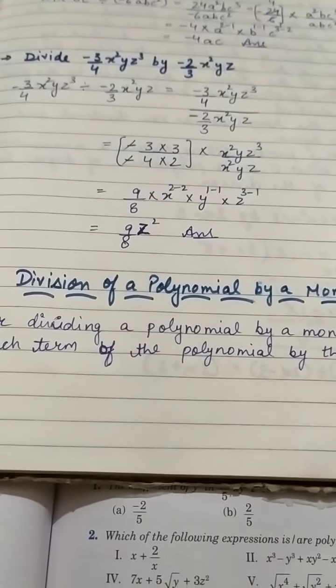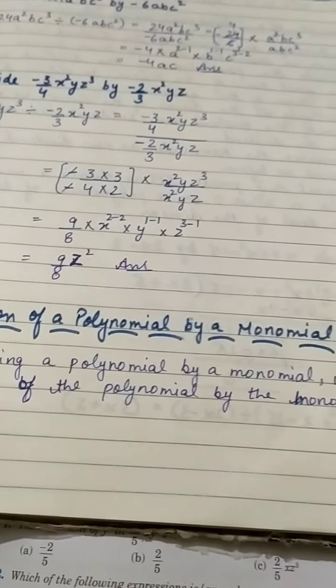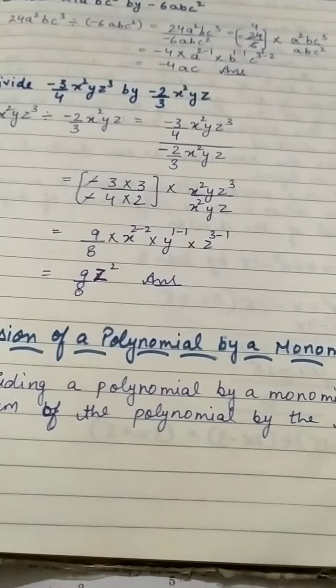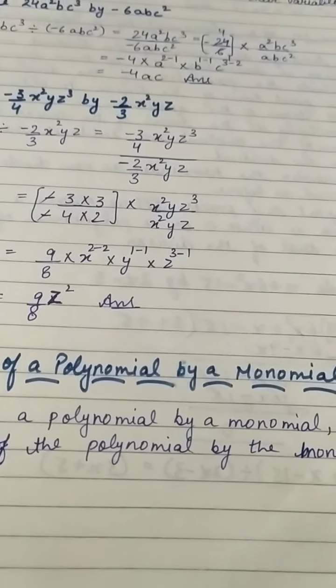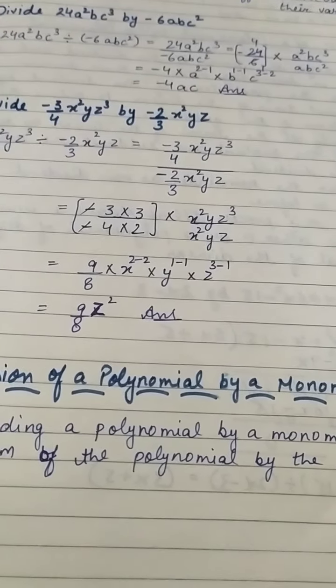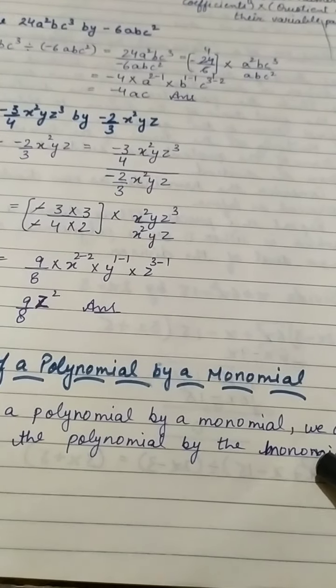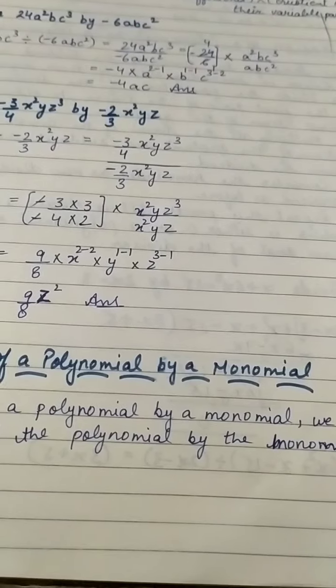Alright. Now let us take the second type, division of a polynomial by a monomial. For dividing a polynomial by a monomial, we divide each term of the polynomial by the monomial. As we have done in multiplication, where we multiplied each term of the polynomial by the monomial, in this we will divide each term of the polynomial by the monomial.